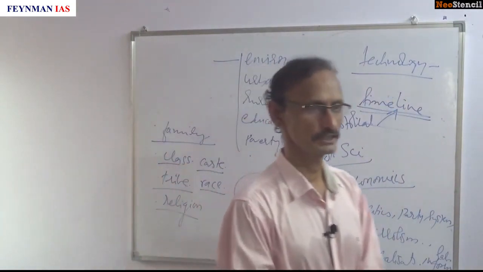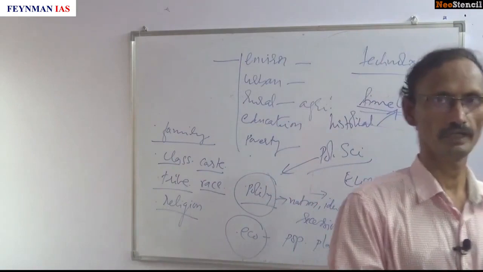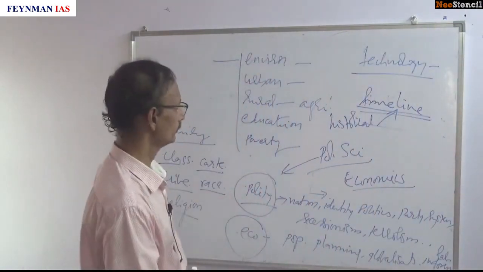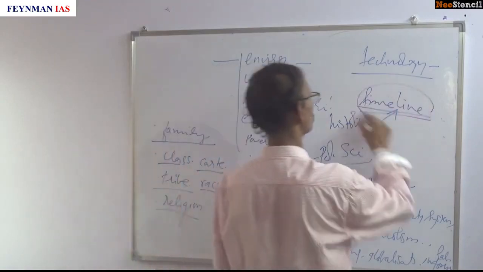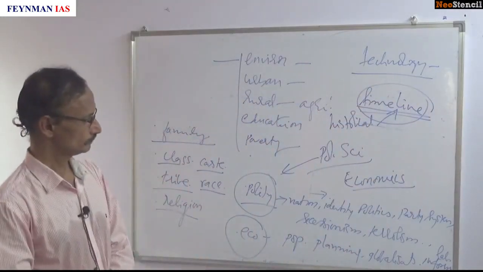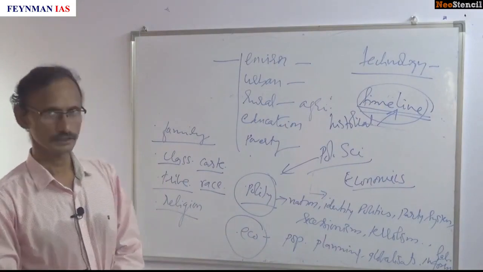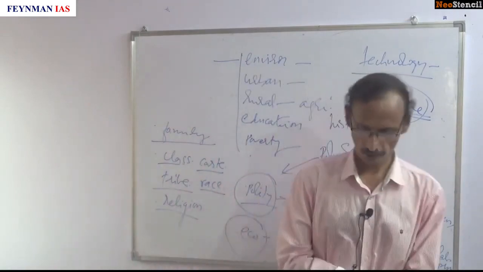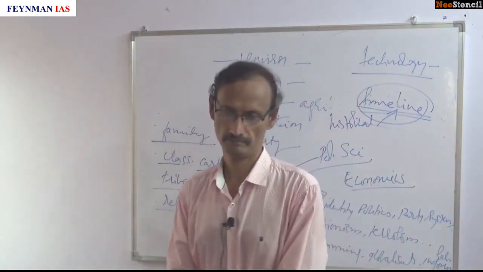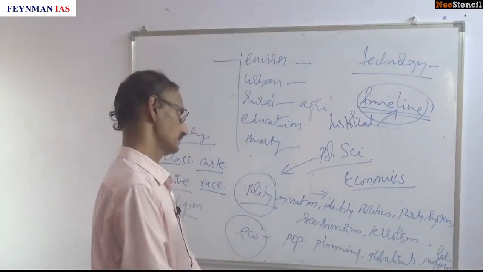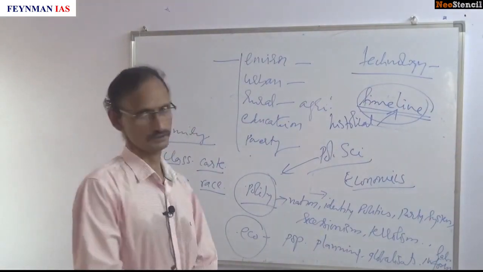Why social change is taking place, how it takes place, and what may be the future of the society. So, timeline. So, sociology is a study of all aspects of modern societies, unlike other disciplines which specialize in certain aspects.